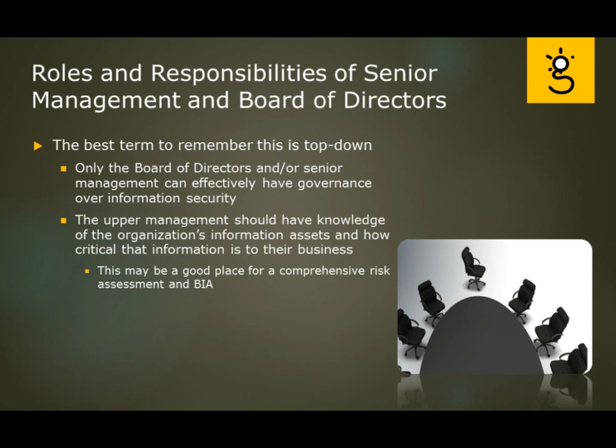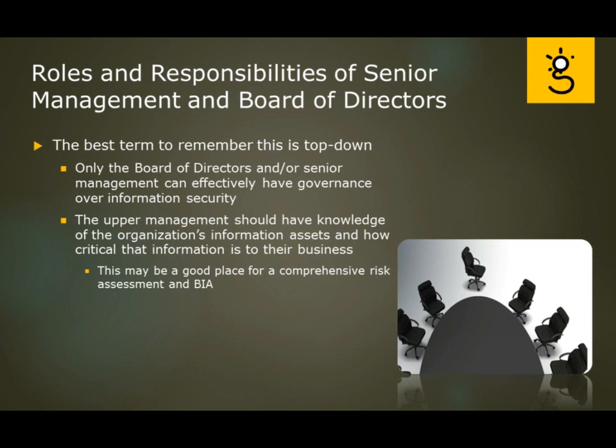As I mentioned earlier, when we look at governance, it should be a top-down approach. That means that really the board of directors and senior management are the ones who effectively have governance over information security. The upper management should know about the organization's information assets and how critical that information is to their business, especially in today's world.